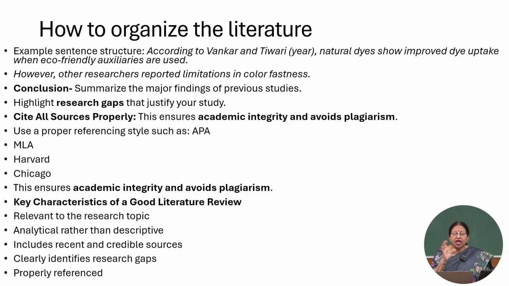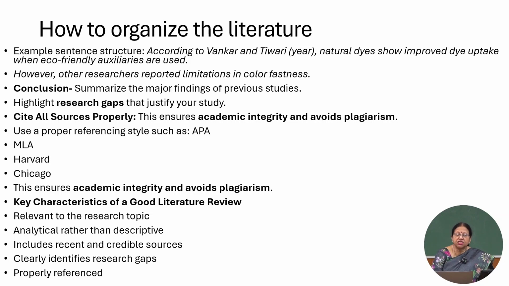So, when we are writing, we have to stick to a style of writing the bibliography. Cite all sources properly. Ensure academic integrity and avoid plagiarism. Again and again, we are mentioning in every other lecture about plagiarism because that is to be avoided completely.